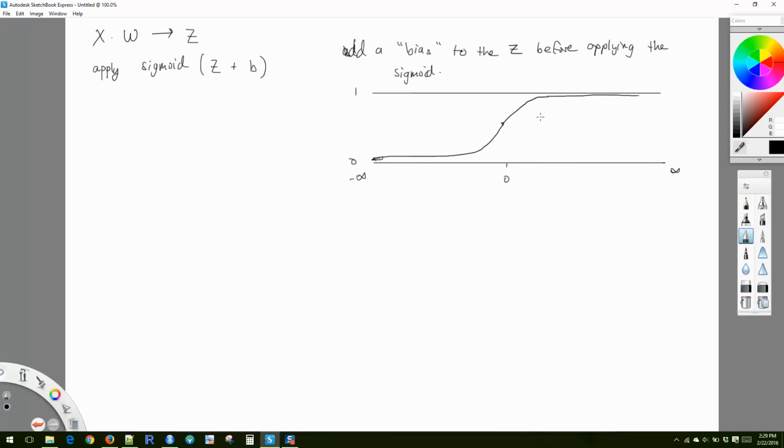All adding a bias does is take this function and slide it along, a positive amount or a negative amount. After adding a bias, this would actually be the negative b, you're basically just sliding the function over.